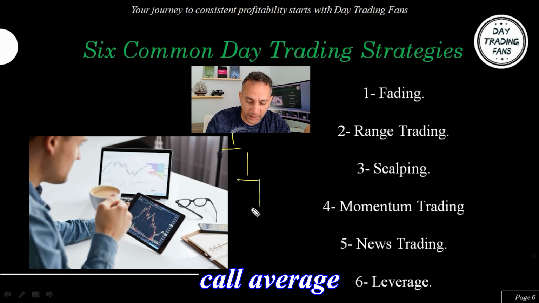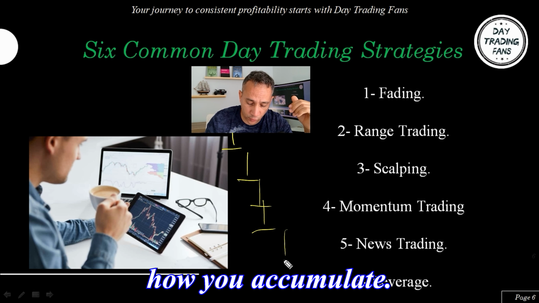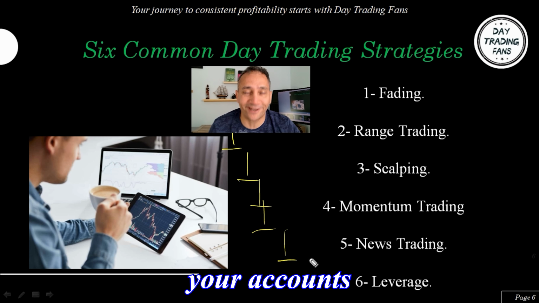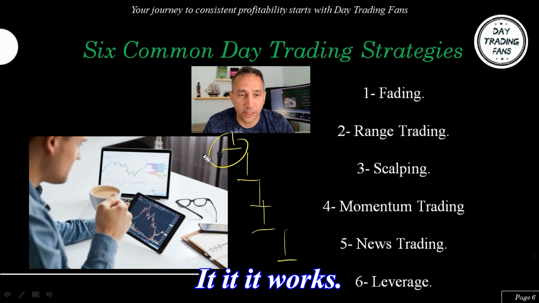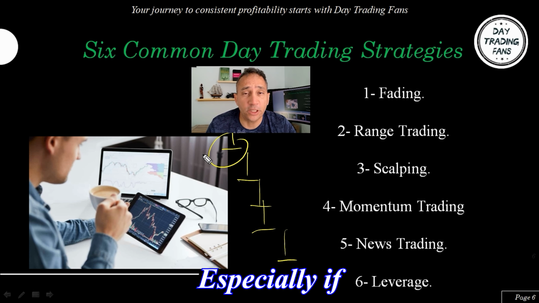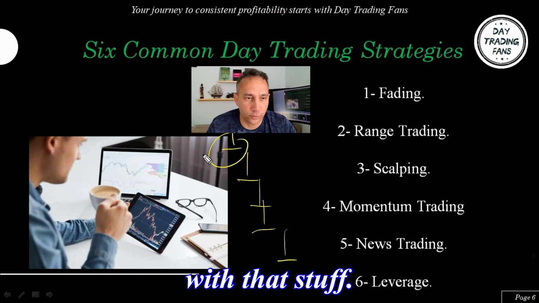A lot of people call it averaging down. Whatever you call it, that's how you accumulate. As long as you don't put all of your account on the first one right here, it works. It works, especially if you're committed to that particular stock or you're somehow familiar with it.